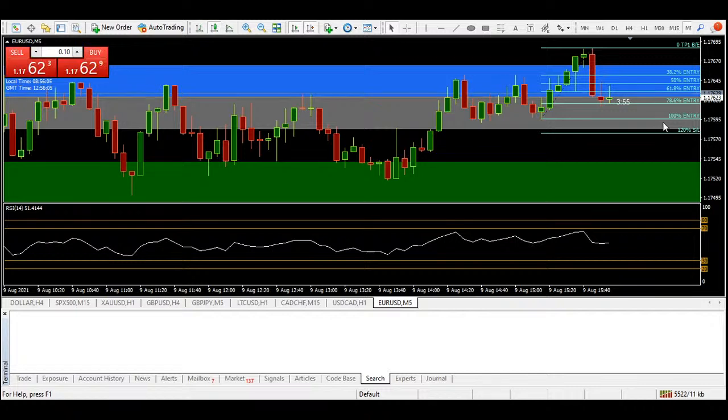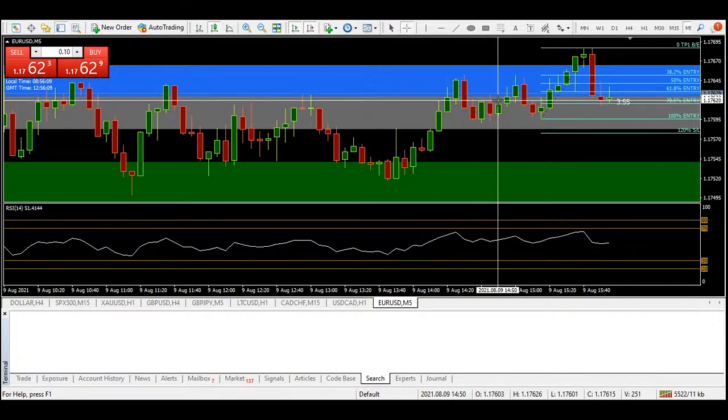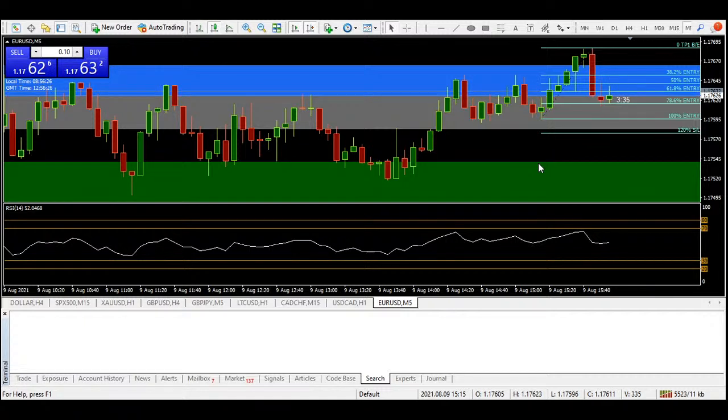So it doesn't look like we're gonna get that engulfing. We're probably gonna get another base down.